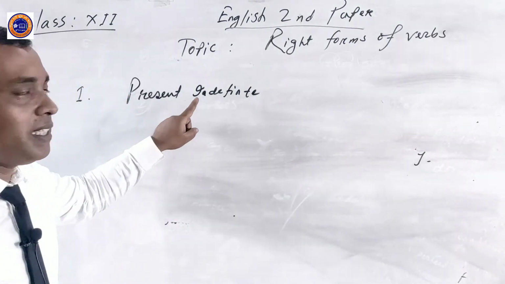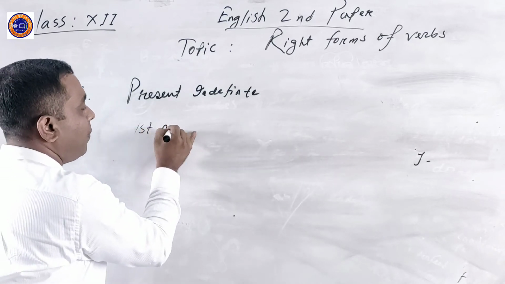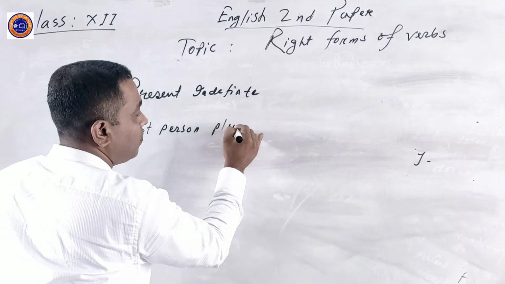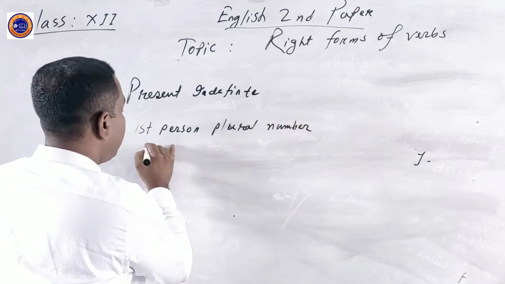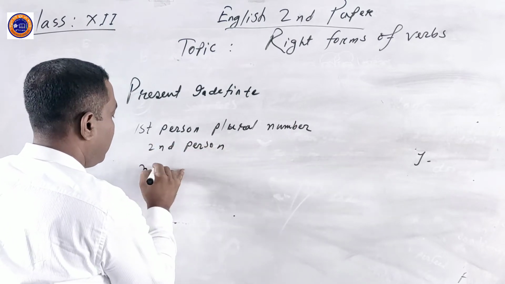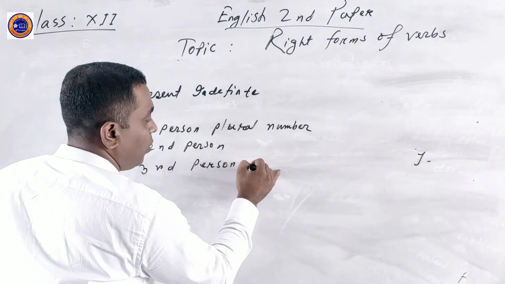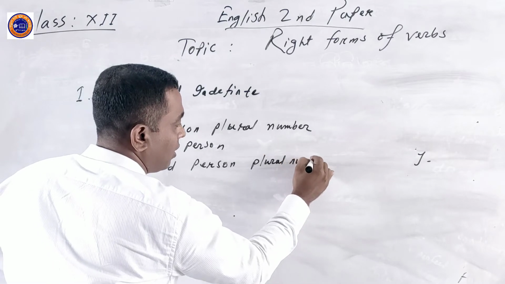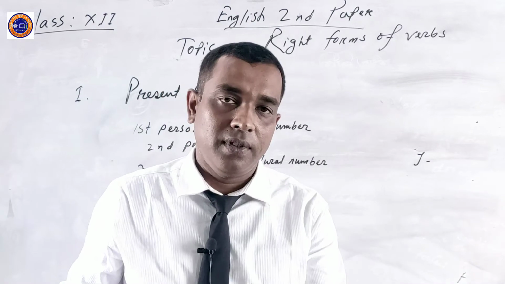If the sentence is present indefinite tense and the subject is first person, second person, or third person plural number, then you have to use the base form of the verb.